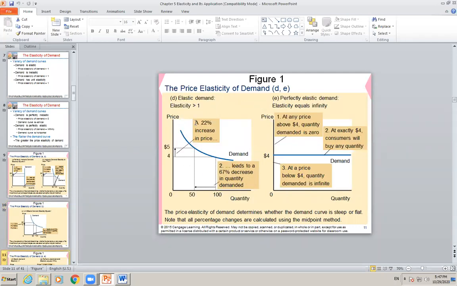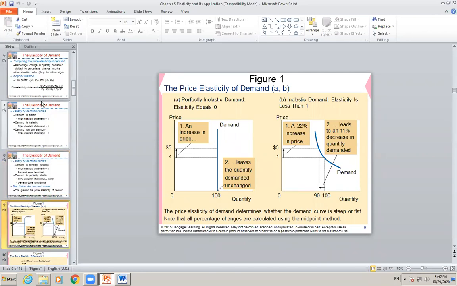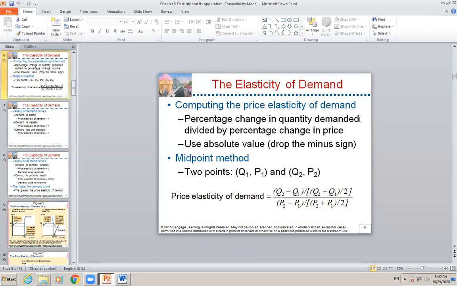And more is here, like a 22% increase in the price. It's flatter, you see, more lying down. A 22% increase in the price will bring a 67% decrease in the quantity demanded. So if you divide 67 by 22, you'll have the elasticity. So let me put it here directly. According to the formula, the percentage change in the quantity demanded divided by the percentage change in the price.